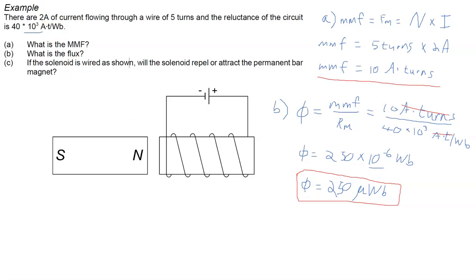Okay, now next then, if the solenoid is wired as shown, will the solenoid repel or attract the permanent bar magnet? And how can you tell? Well, remember, we had a right-hand rule for that, right?